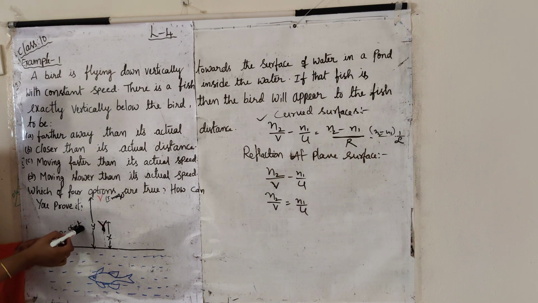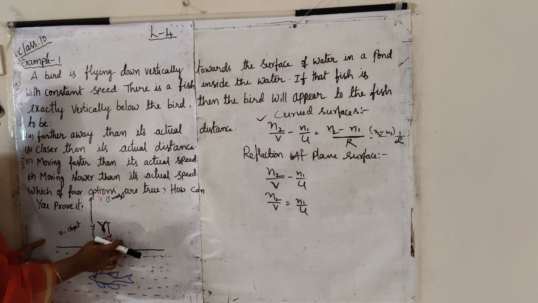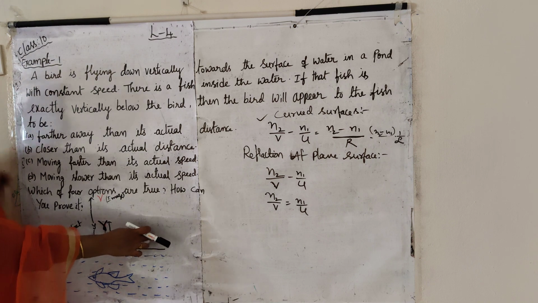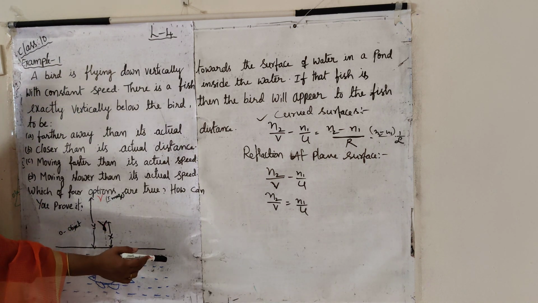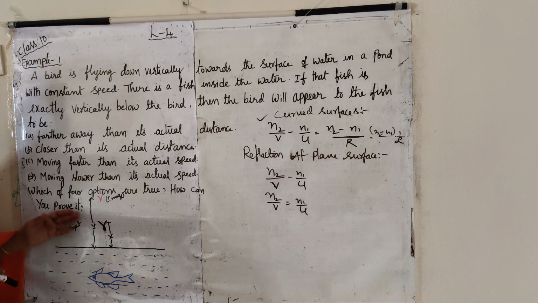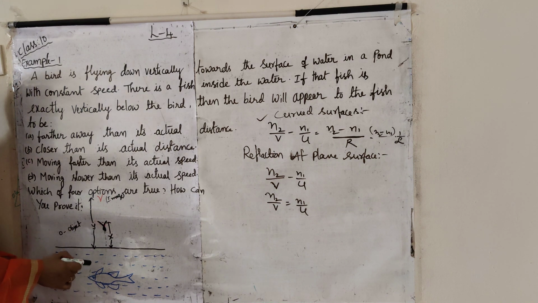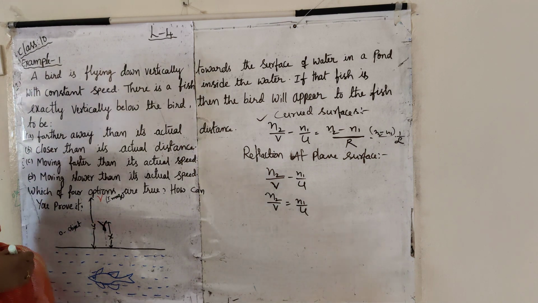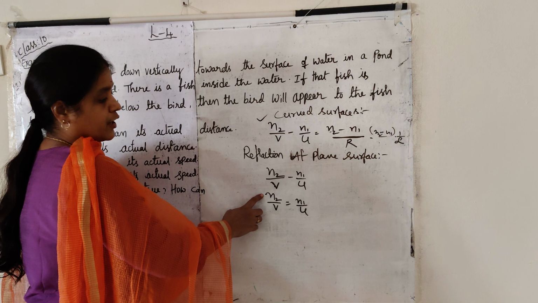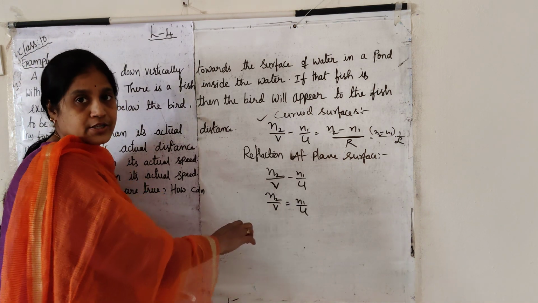So here there is the air medium and the water medium, and these two mediums are separated by an interface that is a plane surface. It is not curved, it is straight, means plane. So in this problem, refraction takes place at the plane surface. For that we have to use the formula N2 by V is equals to N1 by U. Understand?